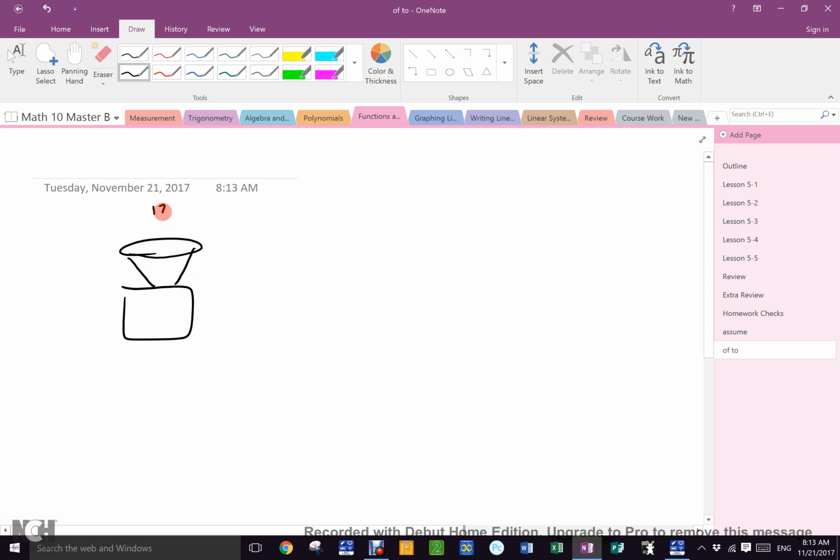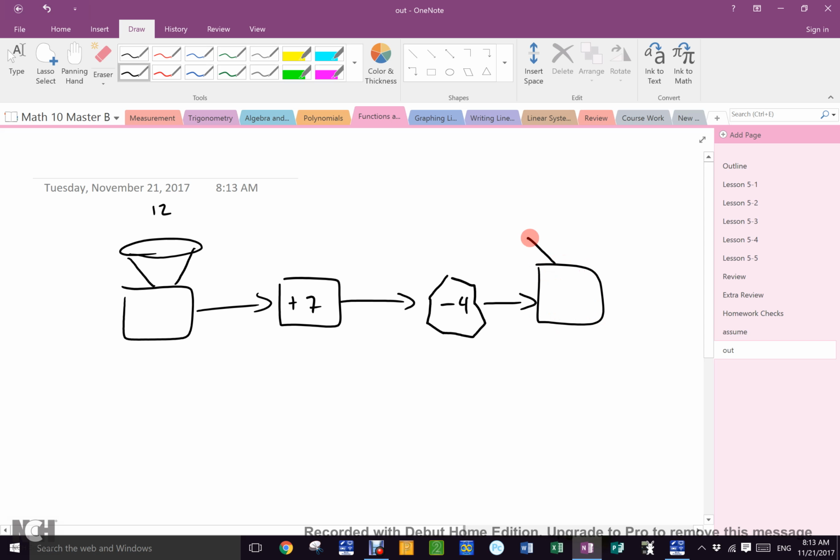And you'd put a number in there, and then there would be another box here that said +7, and then another different shaped box here that said -4, and then another box here, and this would be your input, and this would be your output.